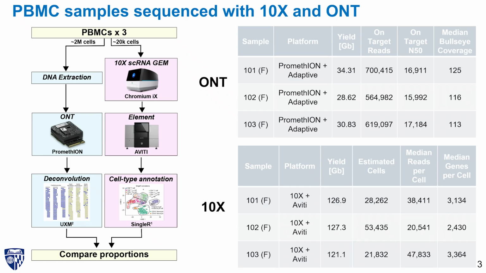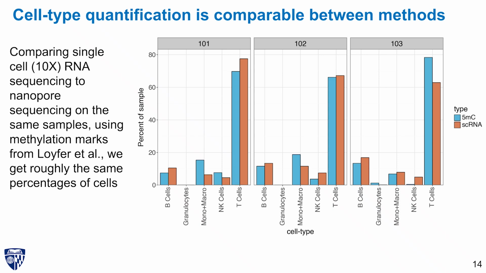Did this on 3 different samples, generating something like 100x coverage at the regions of interest that he had for DNA sequencing, and sequencing something on the order of tens of thousands of cells from the single-cell RNA sequencing. So that was kind of fun. And what he found was that he can, in fact, distinguish, and he gets pretty good results where he's seeing the proportions of B cells, monocytes, macrophages, natural killer cells, T cells that are present in his sample.